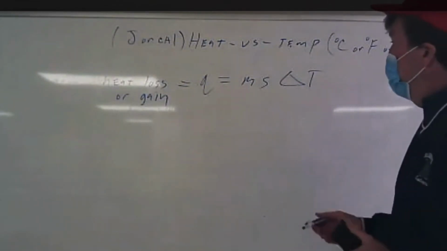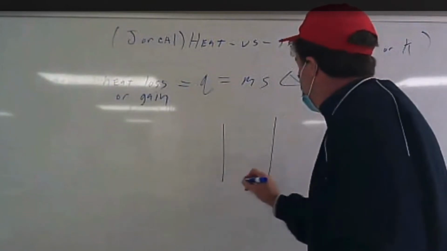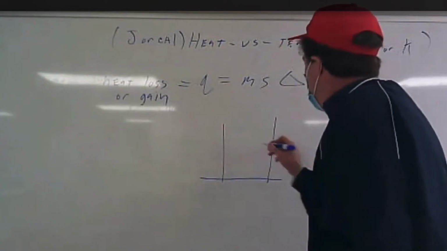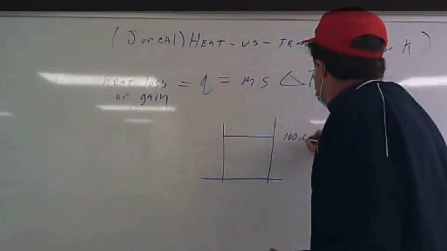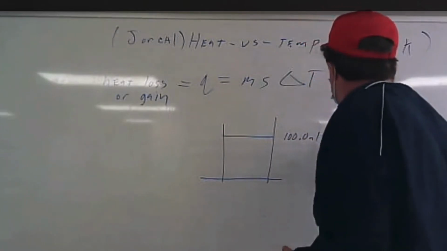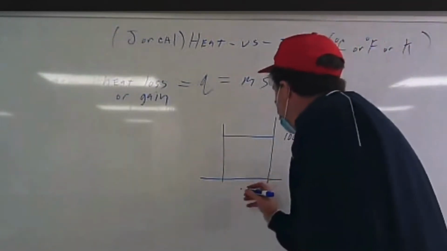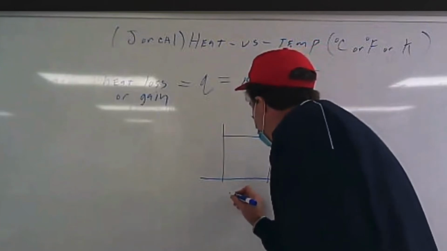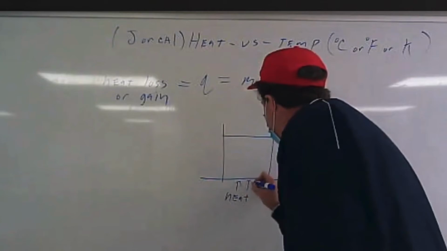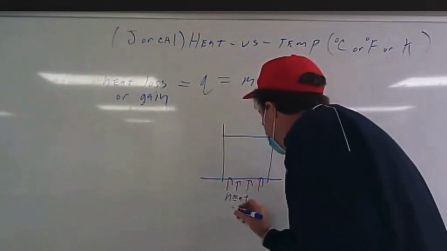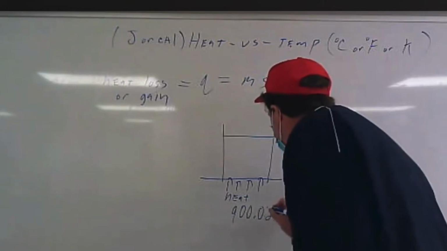Well, so let's see here. Let's go with a beaker of water, and we have 100.0 mils, which equals 100.0 grams. Love that conversion. Let's say this gains heat. Let's say this gains 900.0 joules.